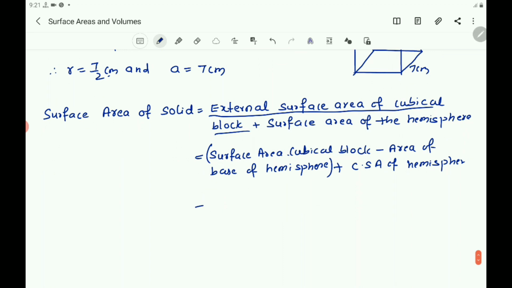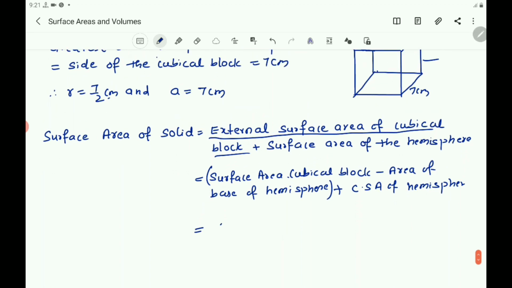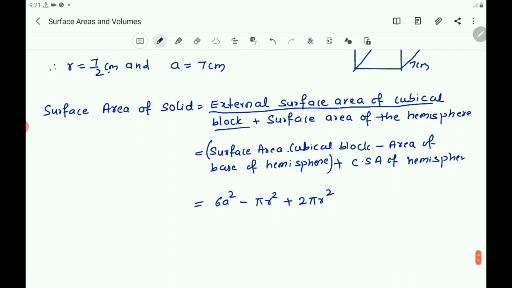Then that equals surface area of the cubical block, which is 6a square, minus the area of the base of the hemisphere, which is pi r square, plus CSA of the hemisphere, which is 2 pi r square. Then you will get 6a square plus pi r square.